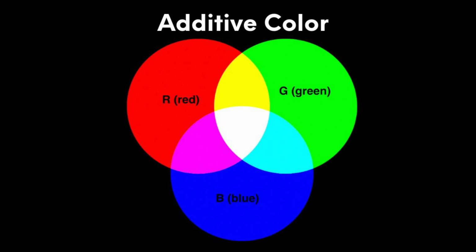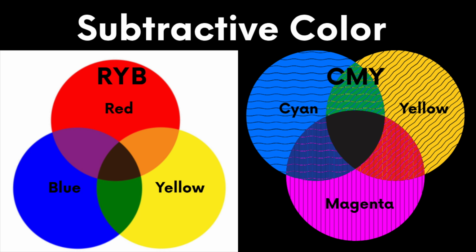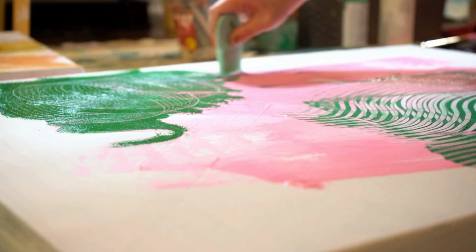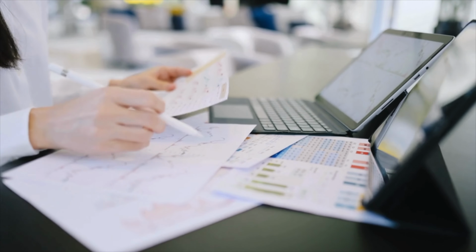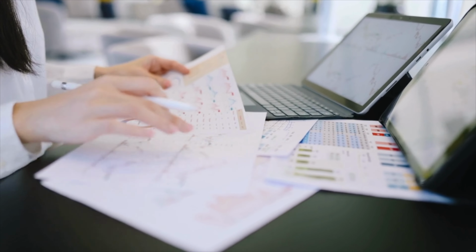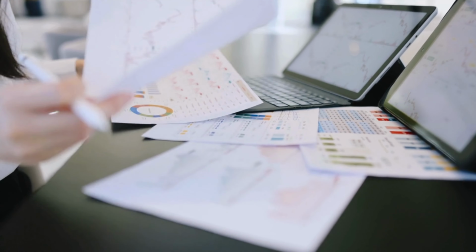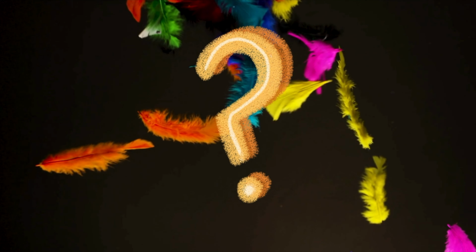Now that we have seen how additive color works with light and subtractive color works with paint and ink, we can start to bridge those systems. Color simply behaves differently depending on the medium, whether it's light on a screen, paint on a canvas, or ink on paper. In addition, artists, scientists, and everyday language do not always define color in the same way.